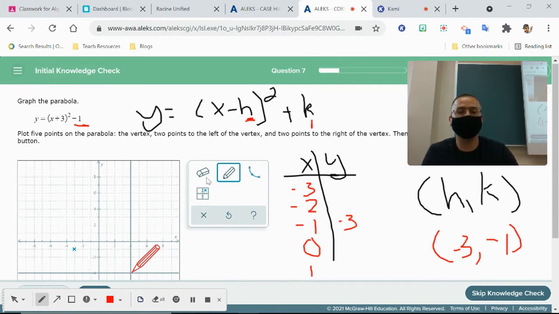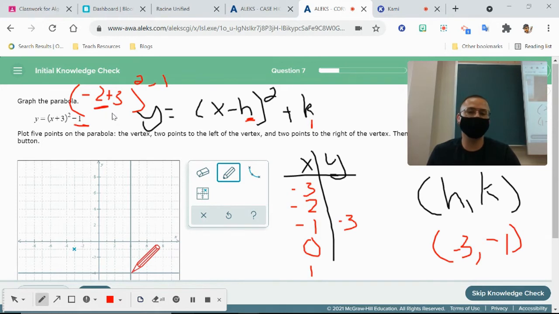So if I put a -2 in for x, I'm going to get -2 plus 3, right? I'm replacing x. We're going to square that and then minus 1. And you're just going to replace that x with each of these numbers.